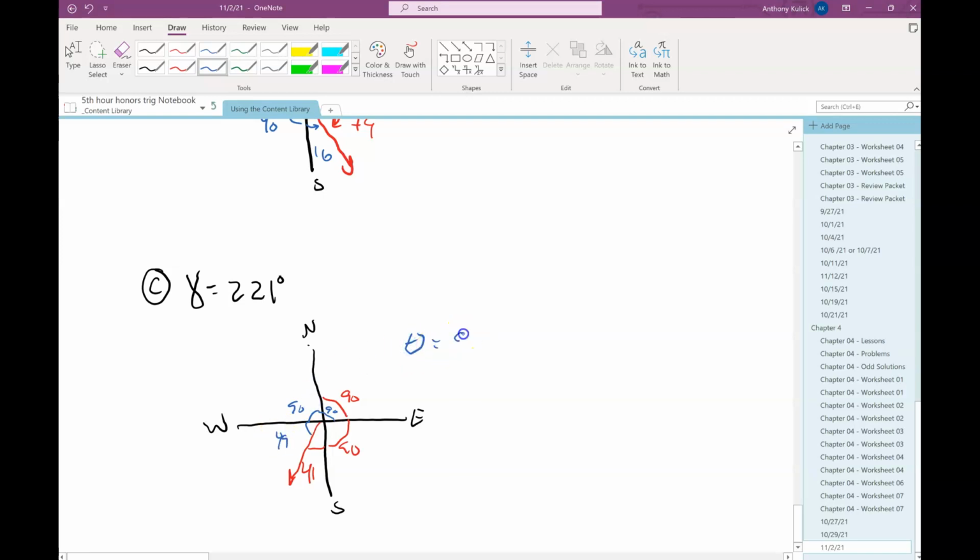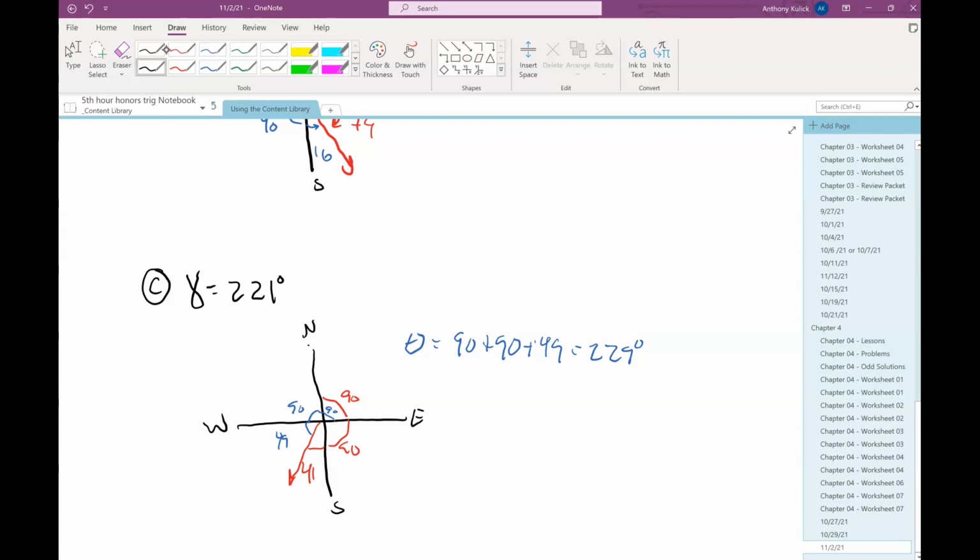So theta is 90 plus 90 plus 49, which is 229. Is everybody feeling okay on this?